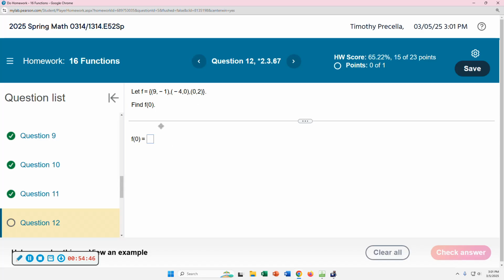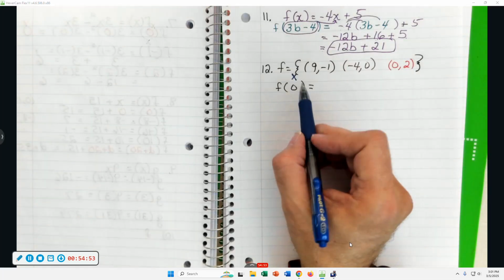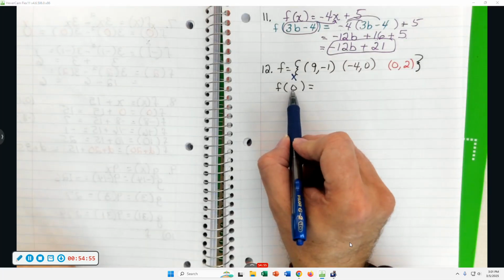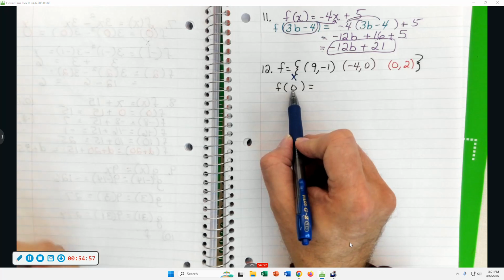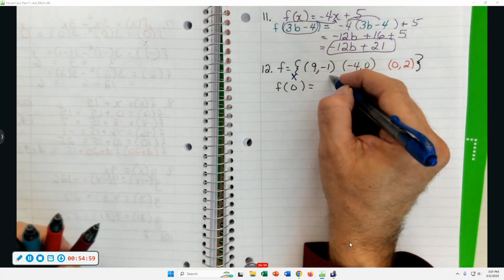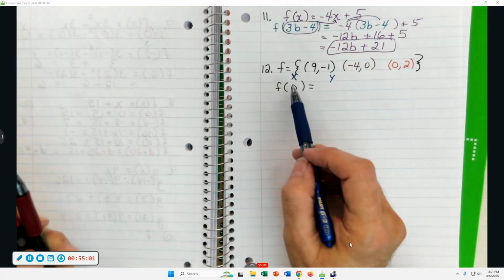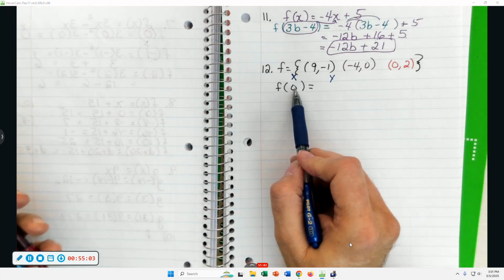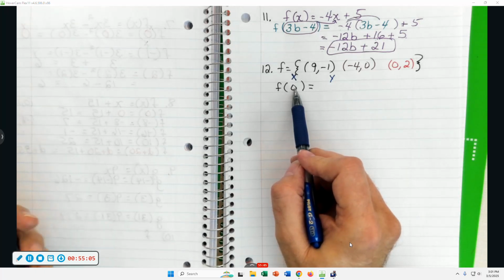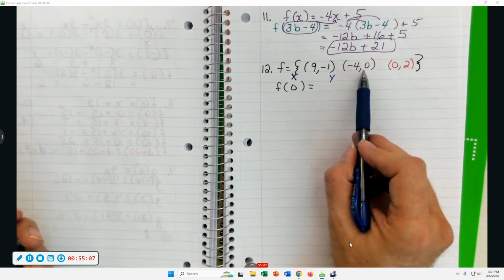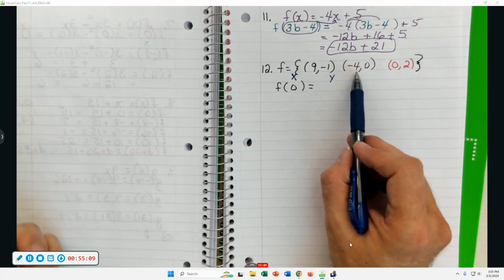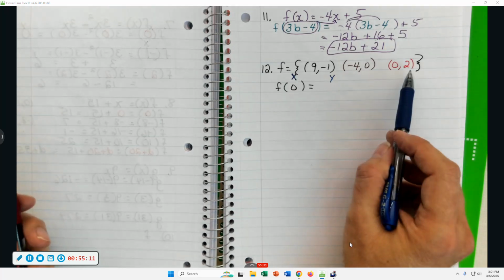What is it asking? The number in the parentheses is x. It's asking you, find the y. What's the y value when x is 0? I see two different ordered pairs that have zeros, the brown ordered pair and the red one.